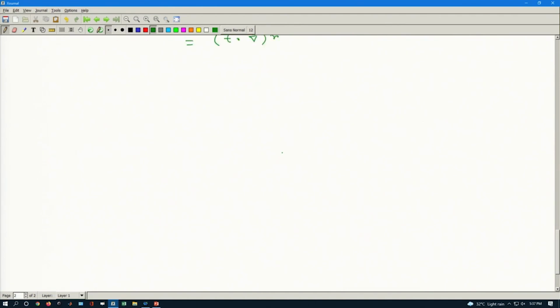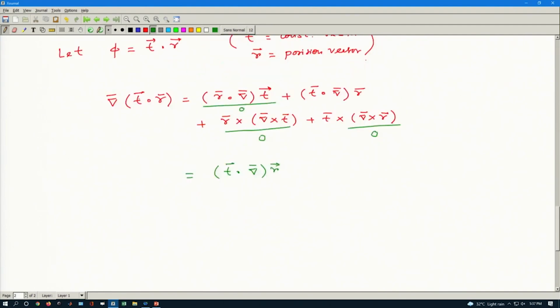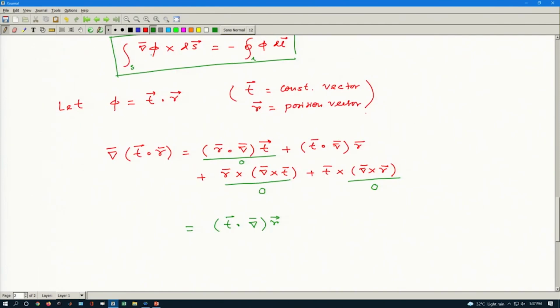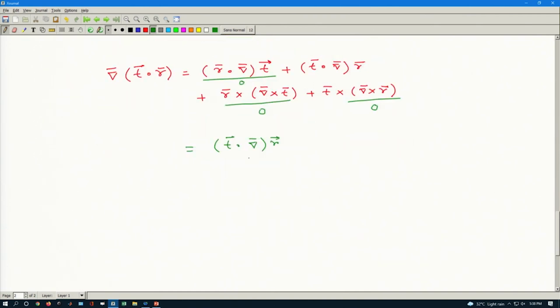So, then I can have, because I put this here, the gradient of phi. Now I put this gradient of t dot r, and the gradient of t dot r is now t dot this quantity.